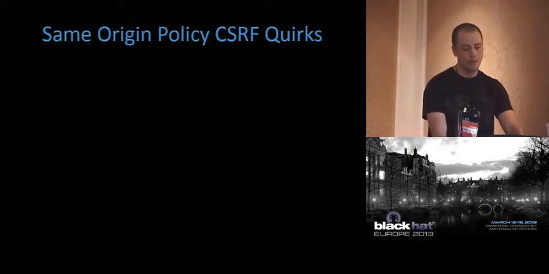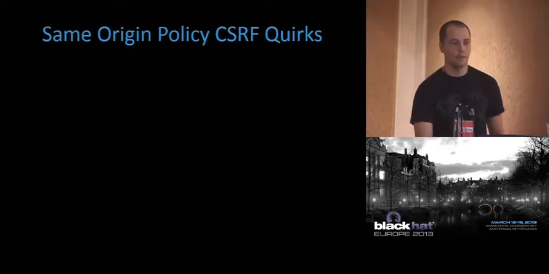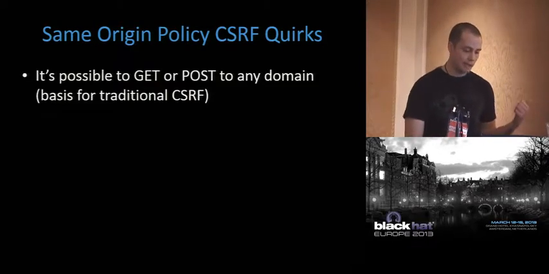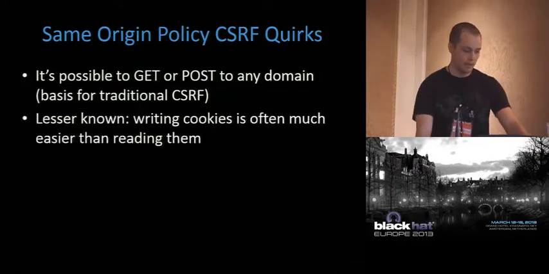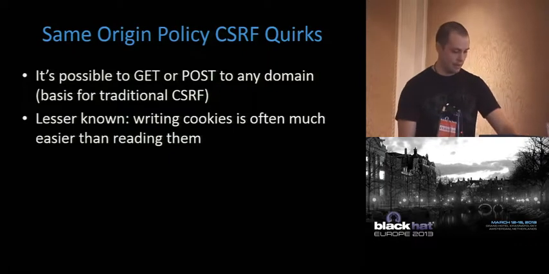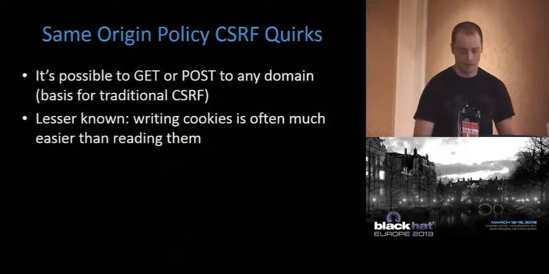So some same origin policy quirks that are useful for this talk. One is it's possible to get or post to any domain. It's the basis for traditional CSRF. A lesser known thing, but still known, is that it's often possible to write cookies from one domain to another domain. And so writing cookies is a lot easier than reading them.